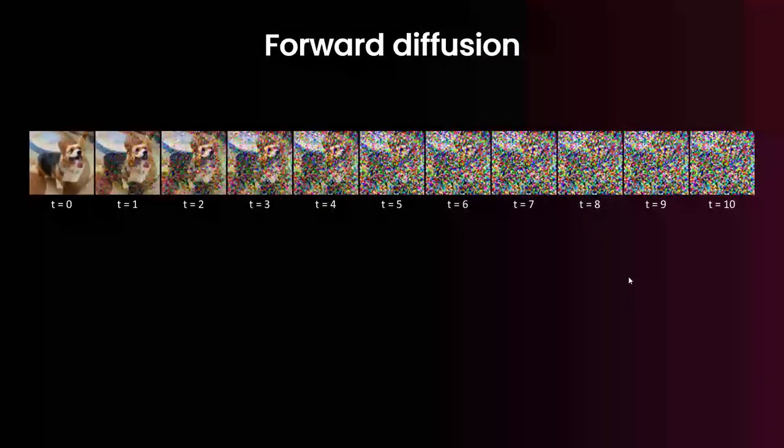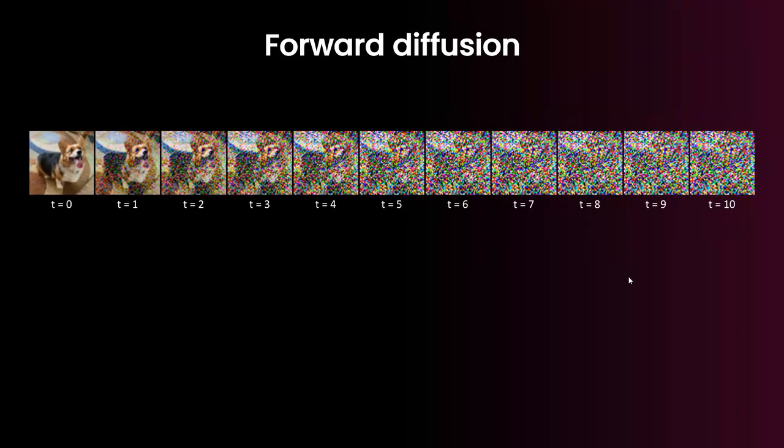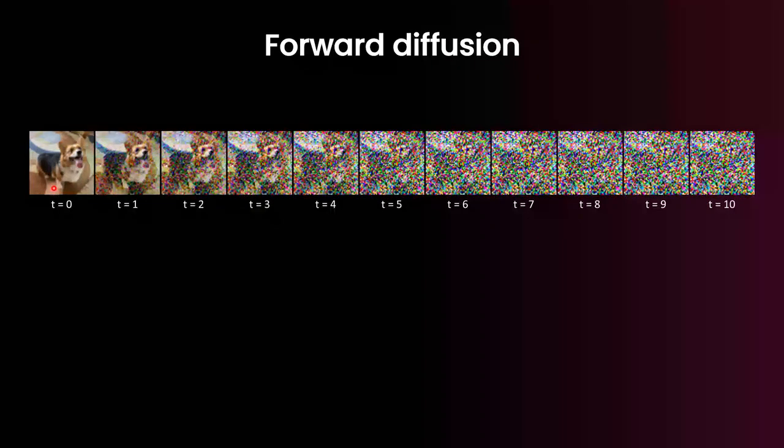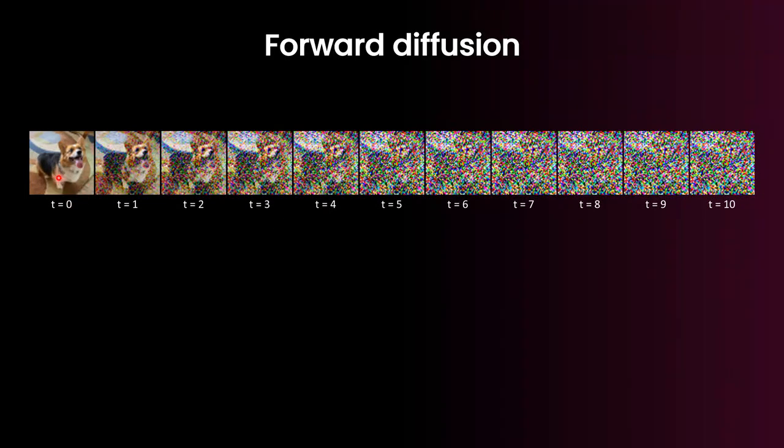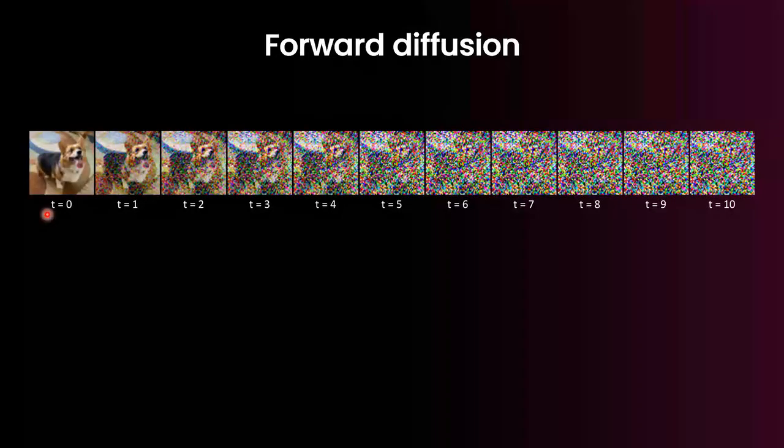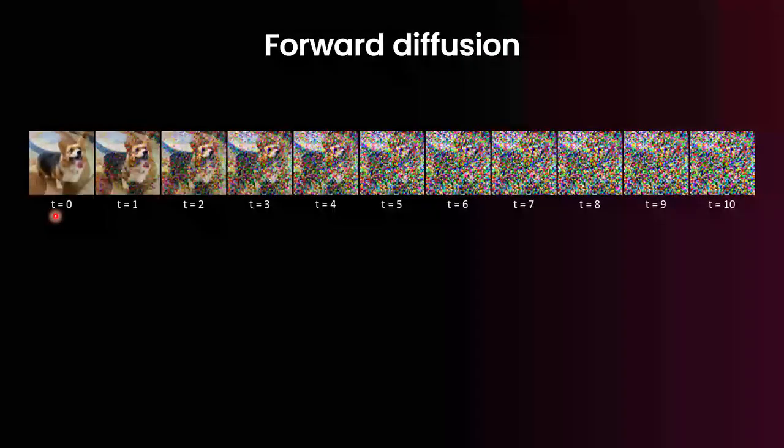Okay, so let's finalize the forward diffusion. I guess we can make it a clearer example. Let's say that we will start with the image of this dog, and it's labeled by X at time t, which here equals 0.